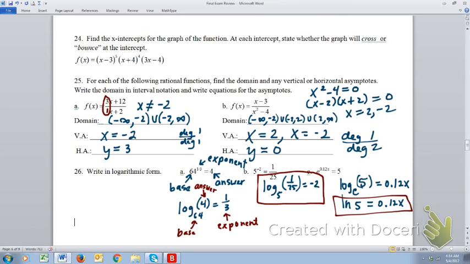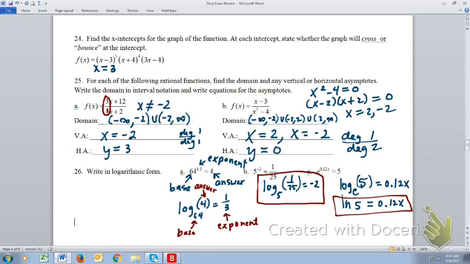So we know, first of all, that we can find the zeros for the function. Let's go ahead and find the zeros first because that gives us our x-intercepts as well.